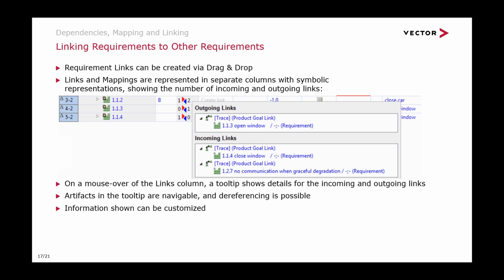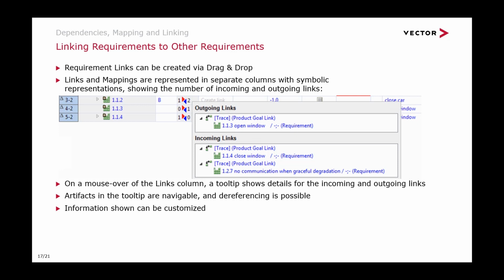If you mouse over the links column, a tooltip will show you the detail for all the incoming and outgoing links. And those aren't just descriptions, those are actual navigable links to those specific in or out links that you see in this flyout.